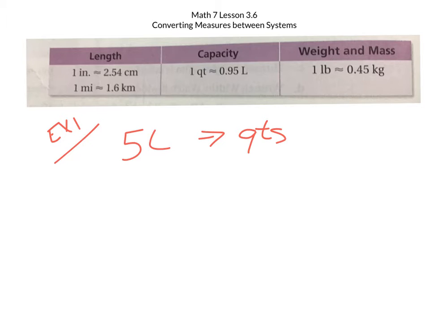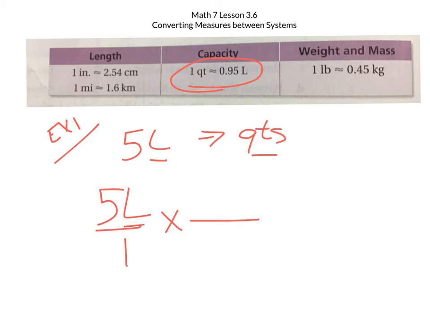Okay, so when you have 5 liters, you put 5L, and if it helps you to put it over 1, you can. You don't have to. Times, and then we use our conversion factor. So we need to see what's our conversion factor for liters to quarts. Well, it's right here in the middle. Okay, and the way you write this is you put the liters on the opposite part.